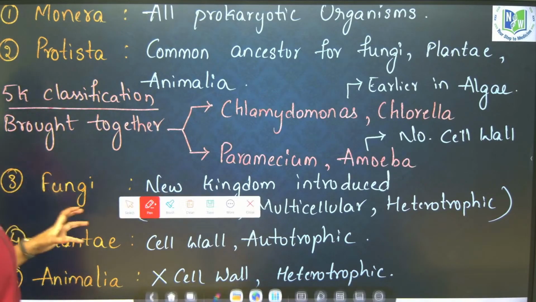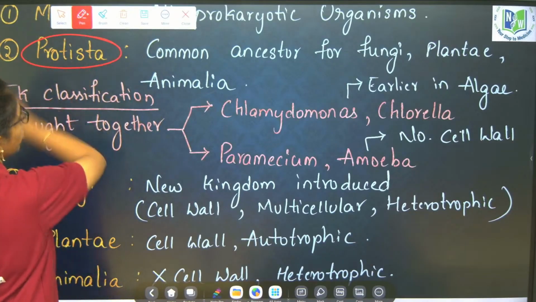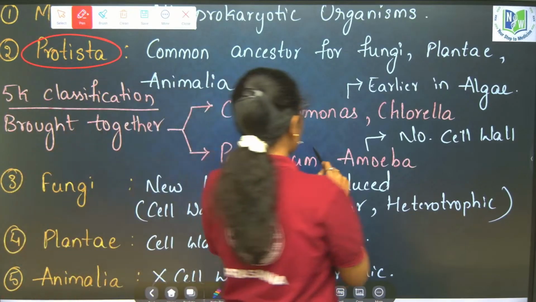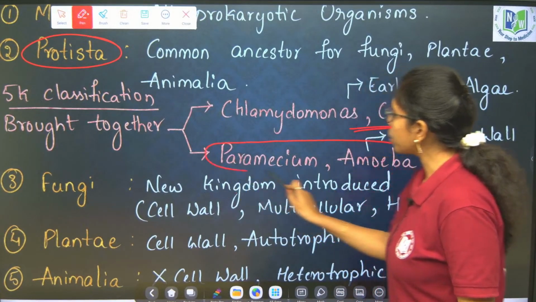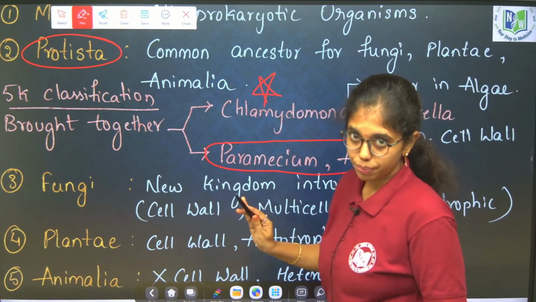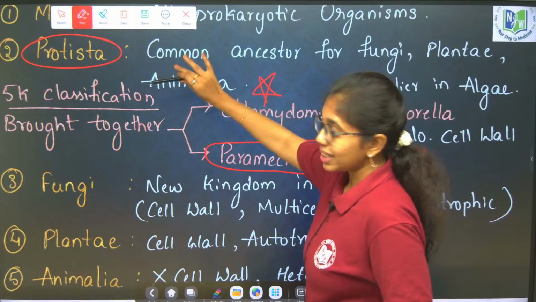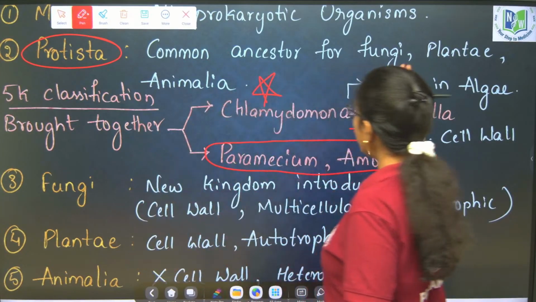In it, under Protista, Chlamydomonas and Chlorella are placed along with Paramecium and Amoeba. This is your NCERT line, very important. So, Protista is standing as a common ancestor for Plantae, Animalia and fungi.